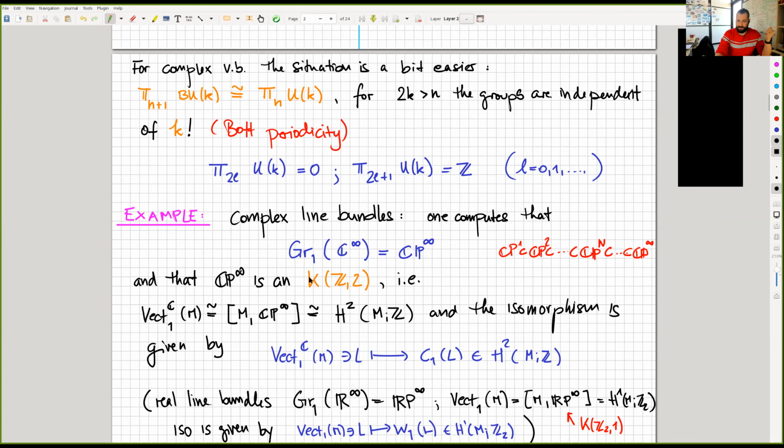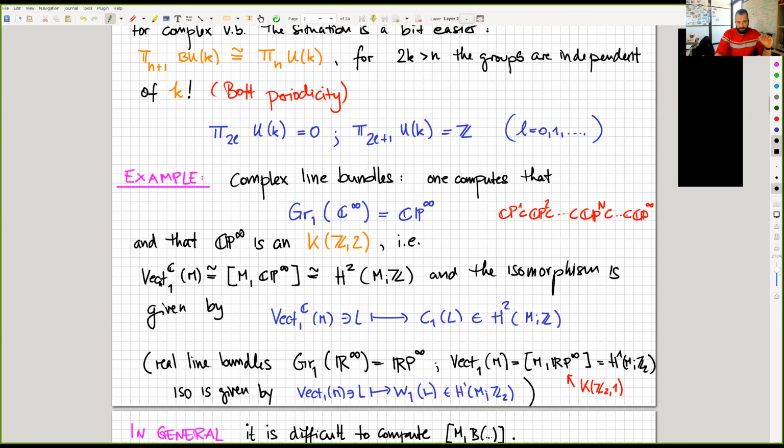And what is the property of such a KZ2? This is a topological space where all homotopy groups vanish except for 2, and in 2 it's just isomorphic to Z. So pi 2 of KZ2 is Z, and all other homotopy groups vanish. This is called an Eilenberg-MacLane space.